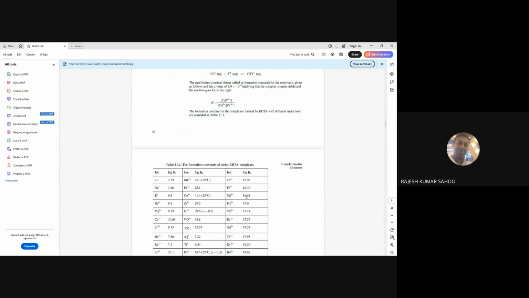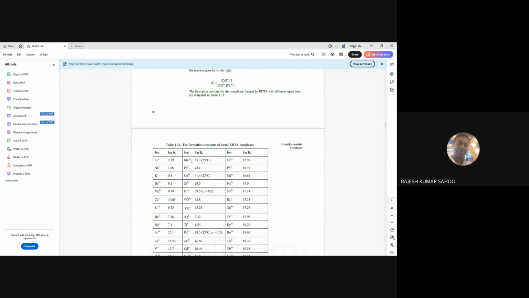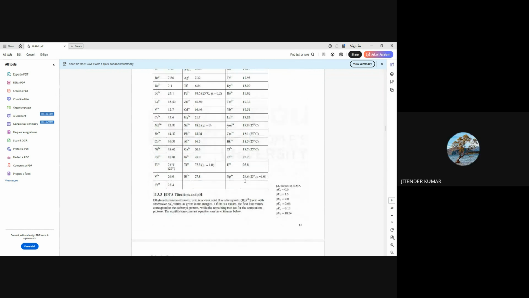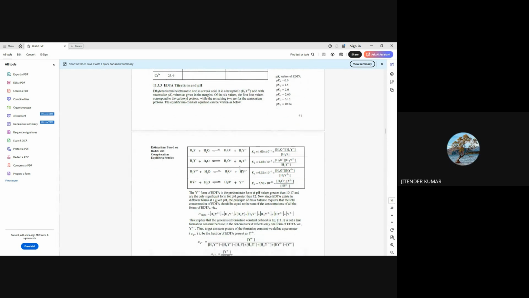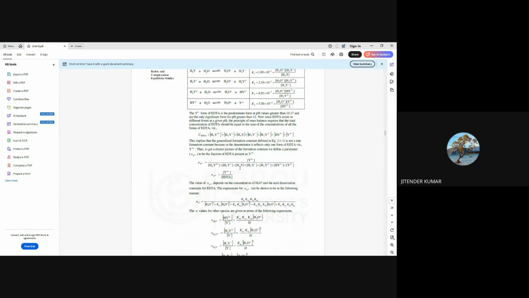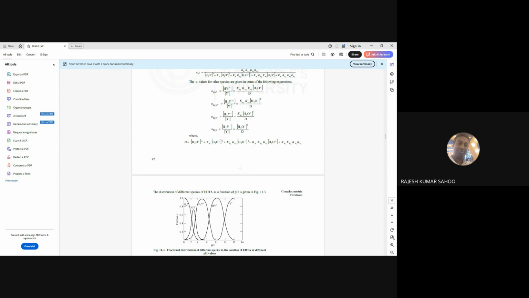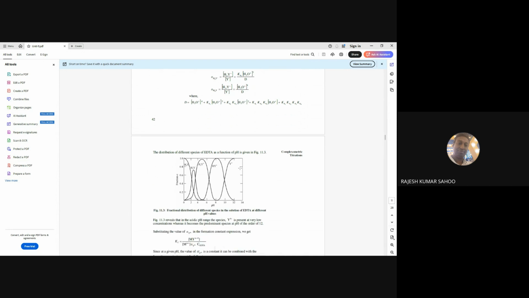You see here the K values are given, various ions and their K values. EDTA titrations and pH relationship: sometimes to maintain pH, we use NaOH. These are very technical things written here.